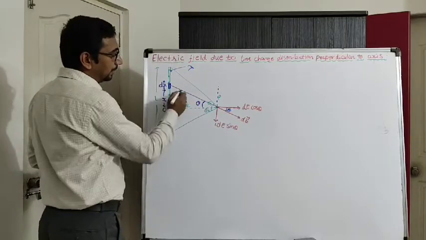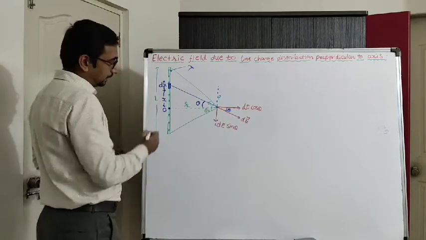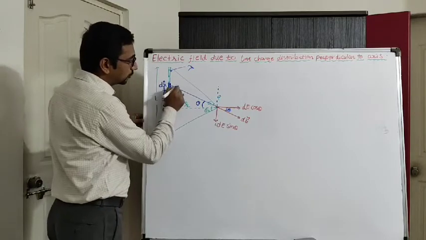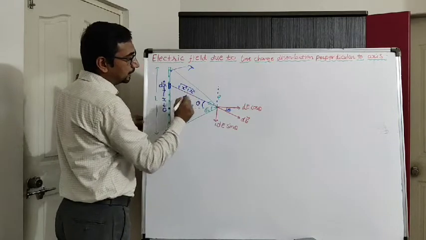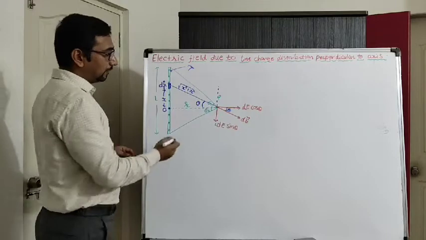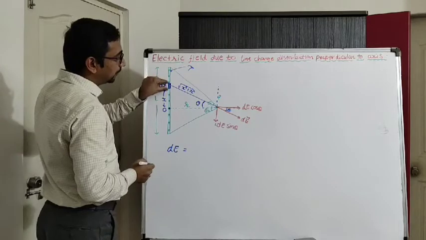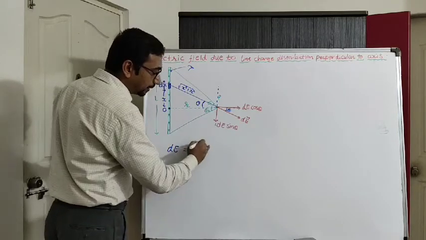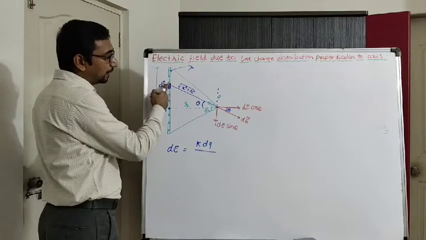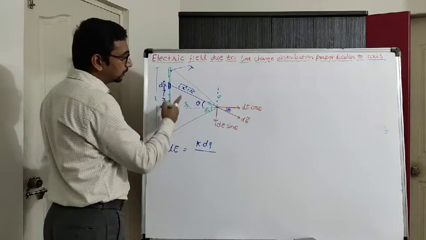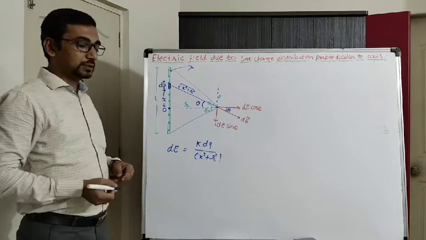So this particular length from point P to point O we have taken as r. Here this length is x, so the distance will be root of x square plus r square. So we'll start with a small segment. The electric field produced by charge dq present over here, dE is equal to k into dq upon r square, where r is the distance from this point to this point, which is x square plus r square.